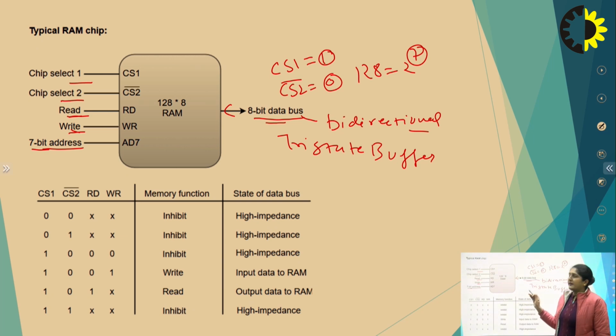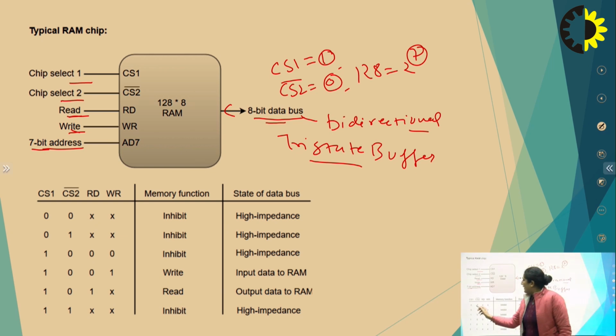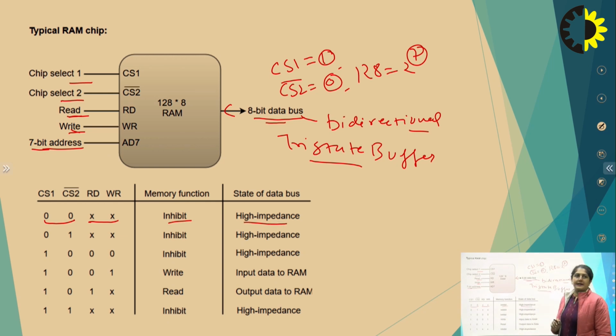If this condition is not fulfilled, we have a high impedance state because we are using a tri-state buffer. So if the input is 0, 0 and we are not having any read or write operation here, then it is a high impedance state.